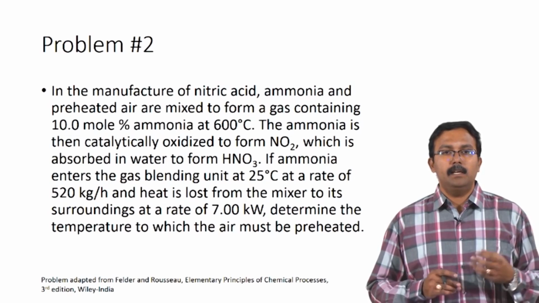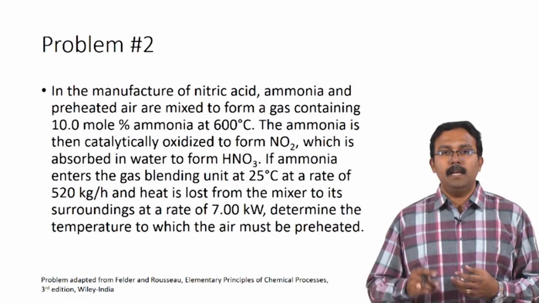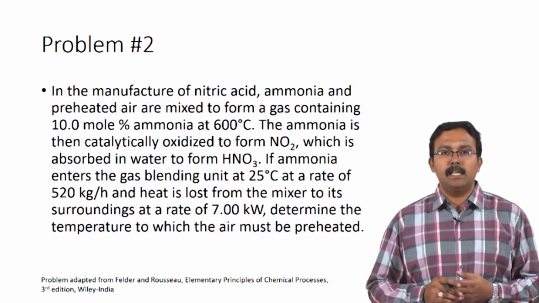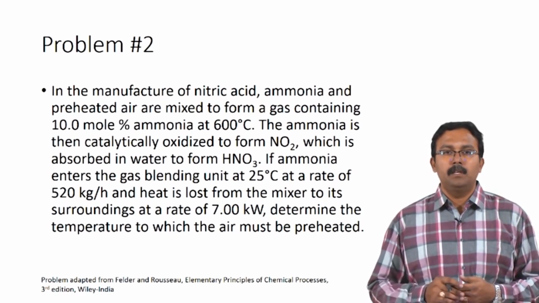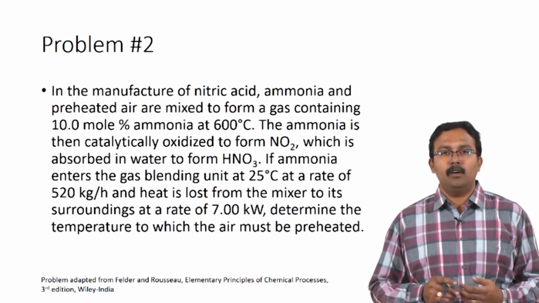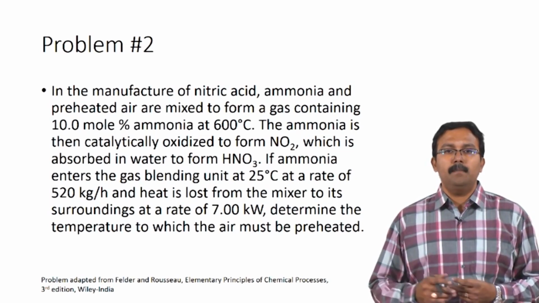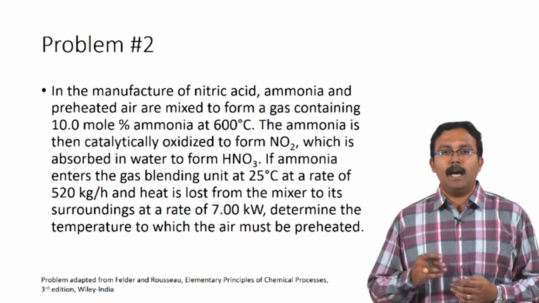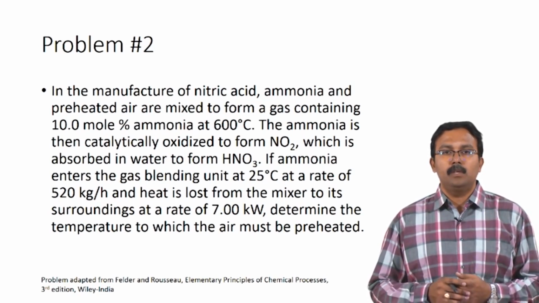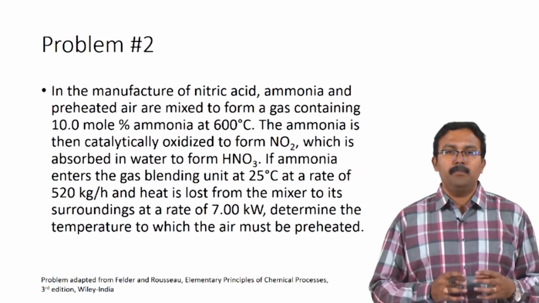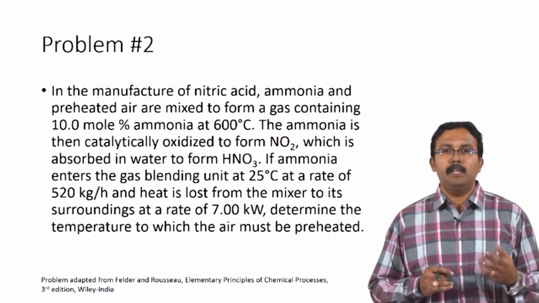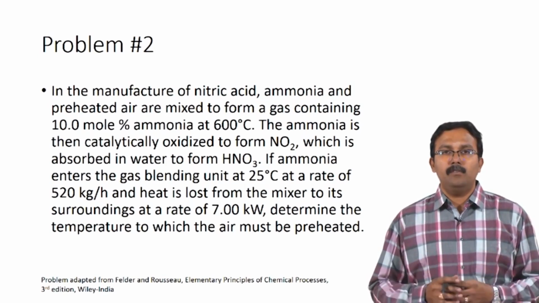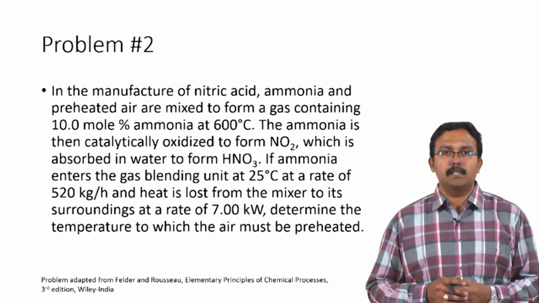If ammonia enters the gas blending unit at 25 degree Celsius at a rate of 520 kilograms per hour, and heat is lost from the mixer to its surroundings at a rate of 7 kilowatts, determine the temperature to which air must be preheated. So, here we have some information about heat being lost in addition to what we need to supply. So, we need to account for this while we are performing the calculations.